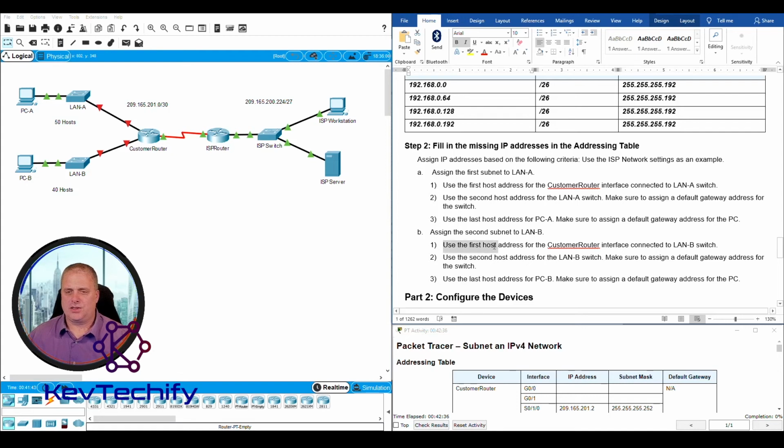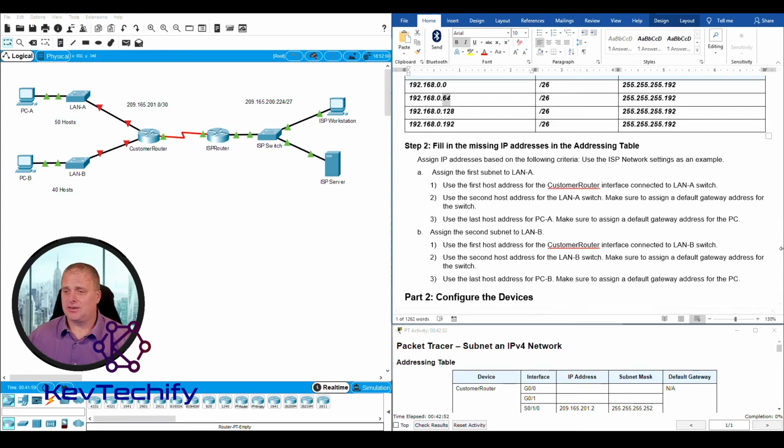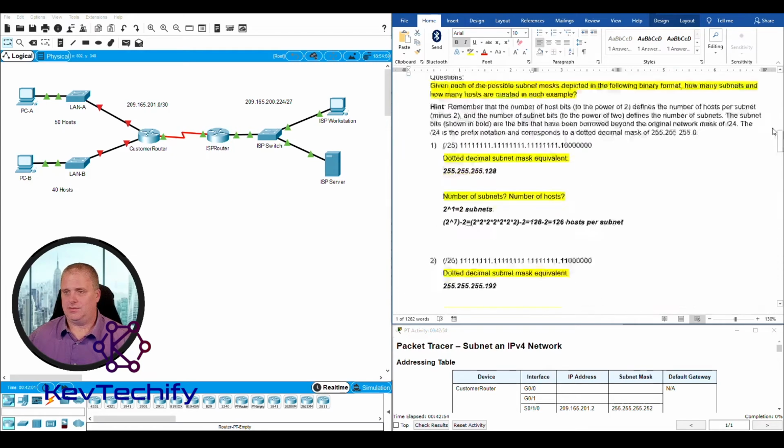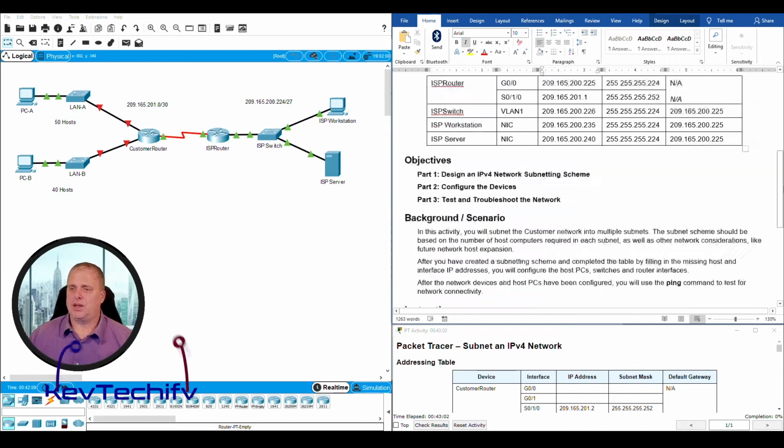Use the first host address for the customer router interface connected to LAN B. Can't use .64 because that's a network address. You have to add one to it. That's .65. That gives us 192.168.0.65. And we got to figure out what our subnet mask is.